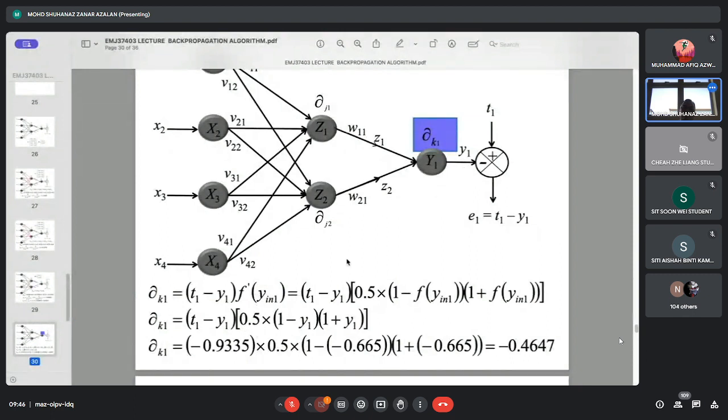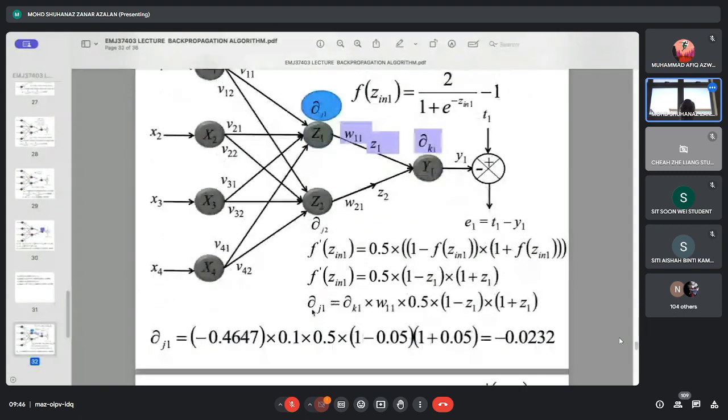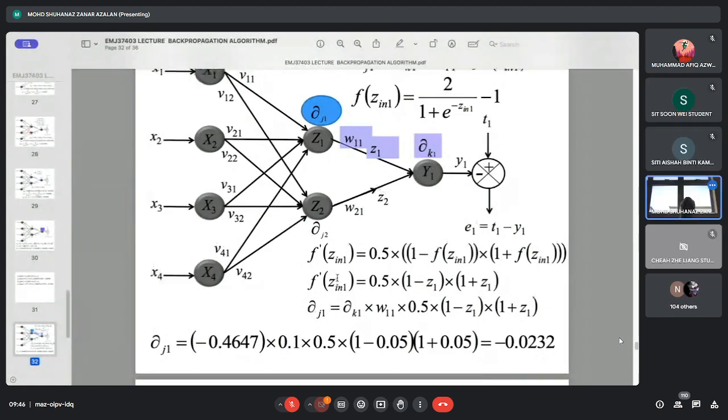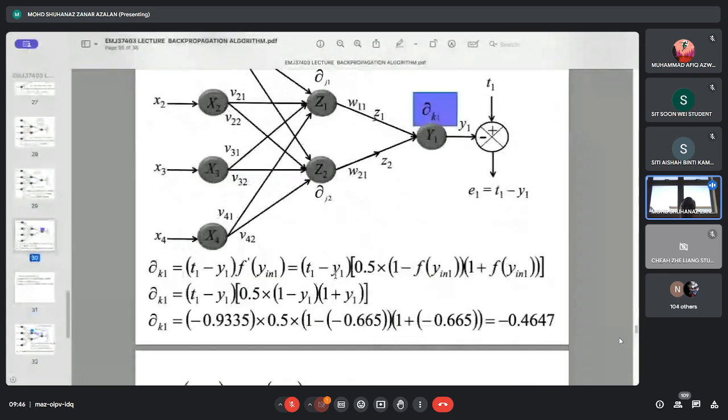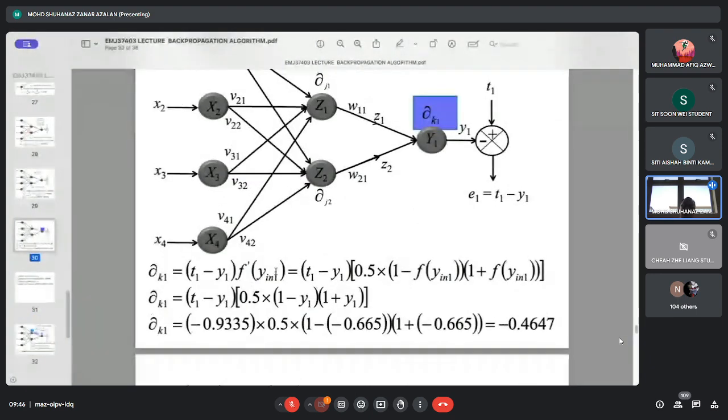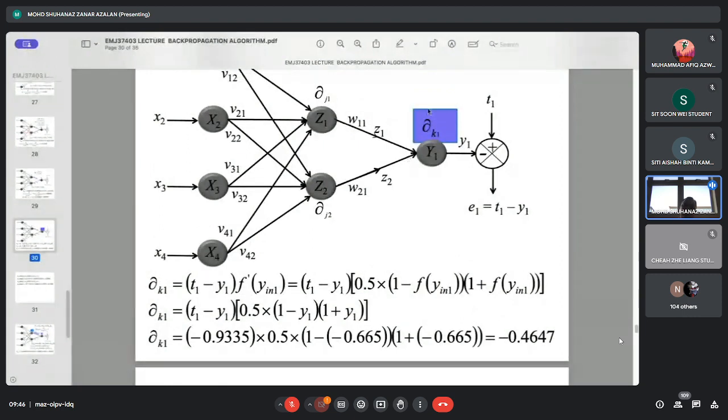For delta J, it is delta K1 times W11 times the differentiation of Z_in1. Without these, we cannot update the weightage of W, and without delta J1 and J2, we cannot update the weightage of V1 and V2.